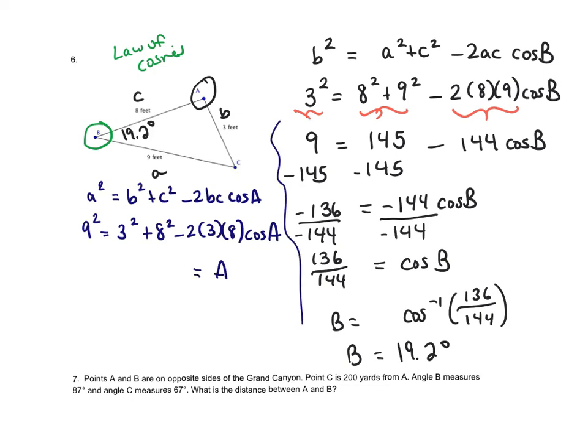A should work out to be 99.6 degrees. And then we'll do 180 minus the two existing angles. So angle C will turn out to be 61.2 degrees. So make sure you get those same answers on your paper as I got here.